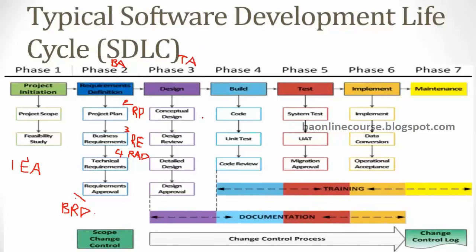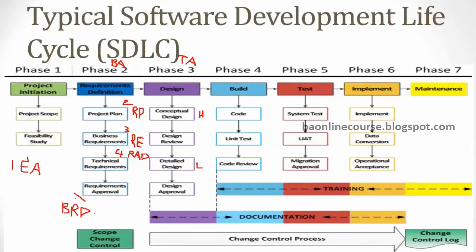There are 2 levels of design which happen. High level design, and then there is a low level design. It's also called conceptual and detailed design. High level design basically tells us what all modules should be there, and for the low level design, they would figure out within each module what are the programs that should be there and all those details.